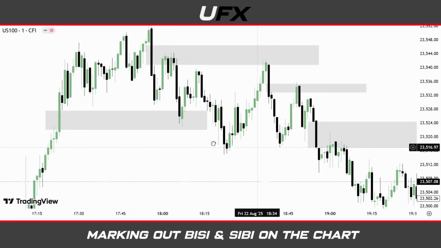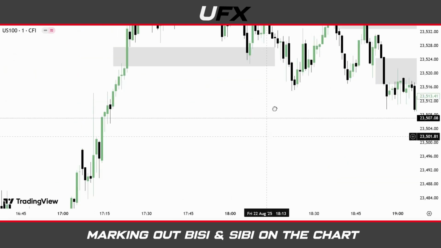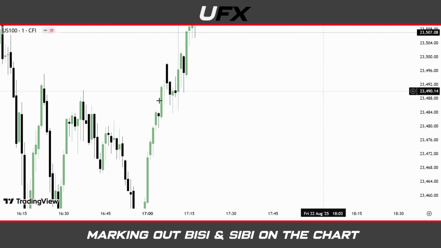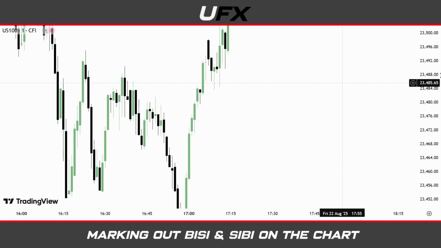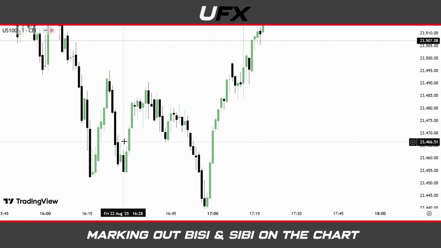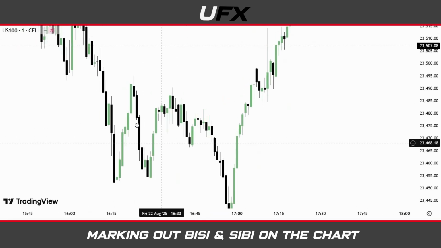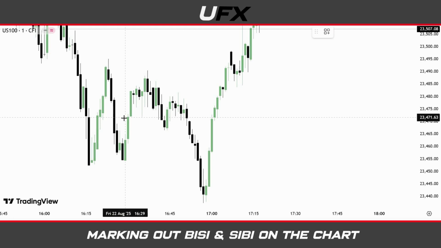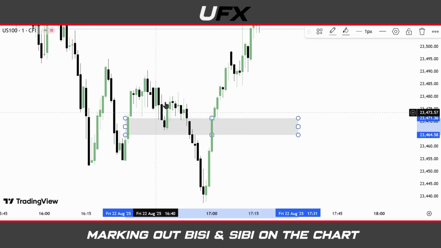If you go into your own charts and see, you can actually see there are some fair value gaps that the market does respect, and that the market taps within. For example, you can see the market taps within this fair value gap before filling it in.